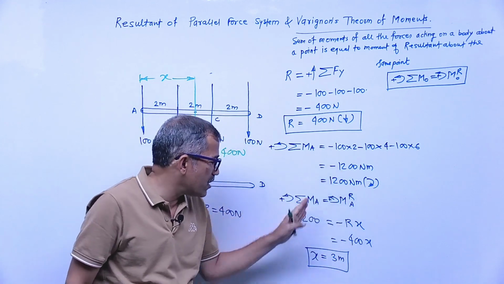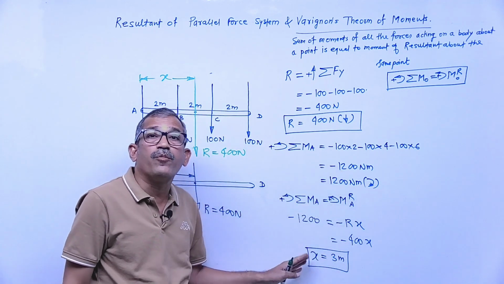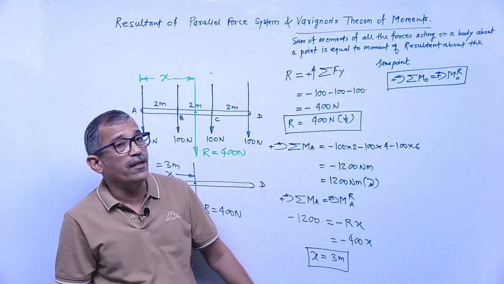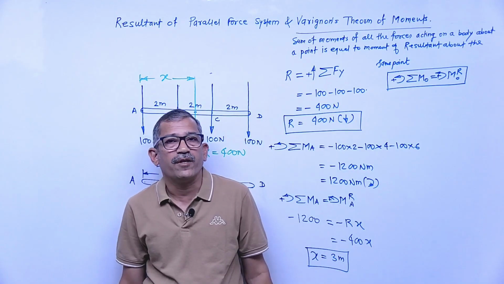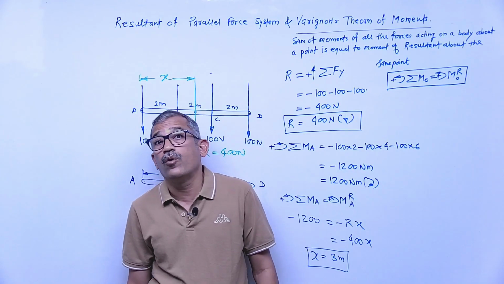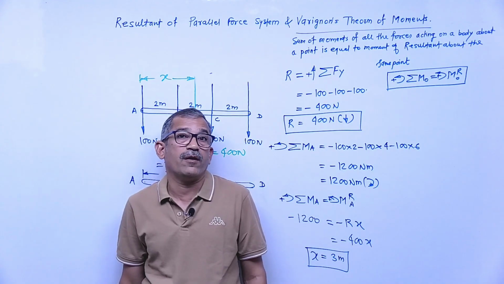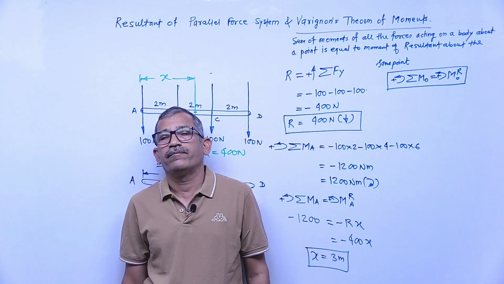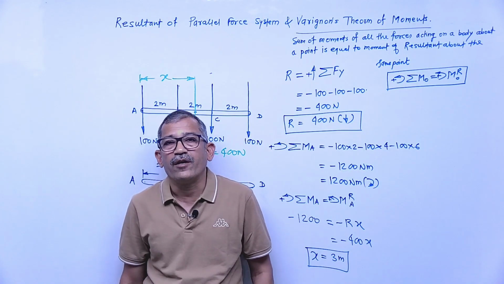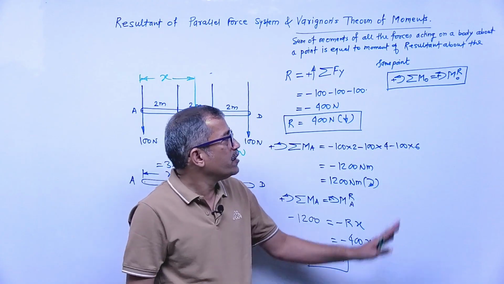Applying Varignon's theorem, what are you getting? The distance, which means the point of application. The use of Varignon's theorem of moments is to find out the point of application of resultant. Mostly in orals, the question is asked, in the oral viva at the end of the semester. So that completes Varignon's theorem.